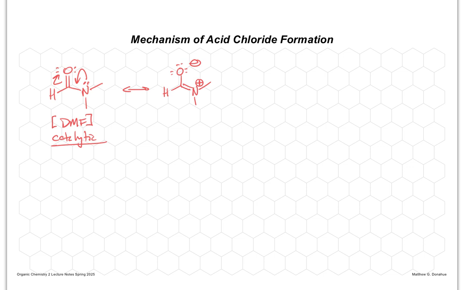And so we can use that form of the DMF to react with the oxalyl chloride, because now we have a nucleophilic oxygen. And the oxalyl chloride has a good leaving group, Cl minus.